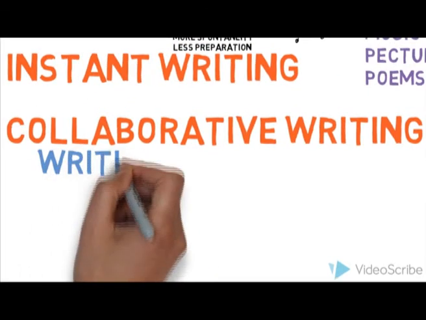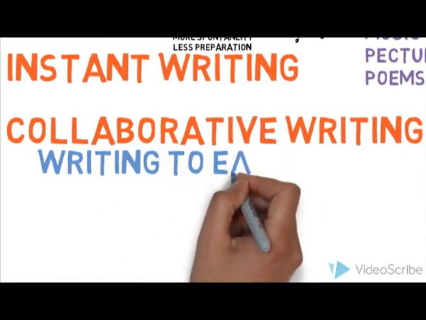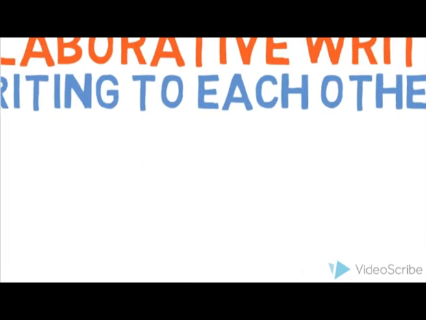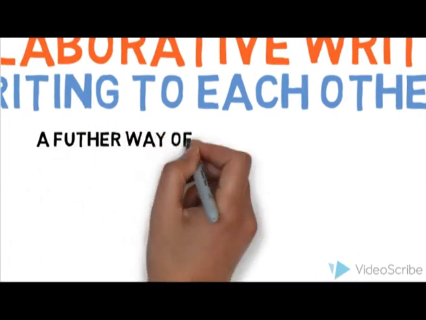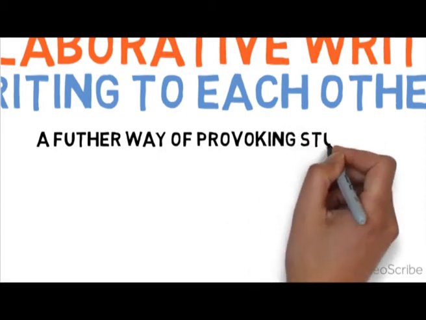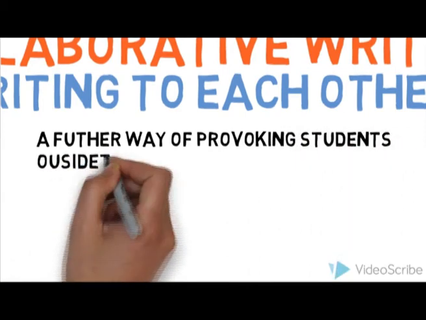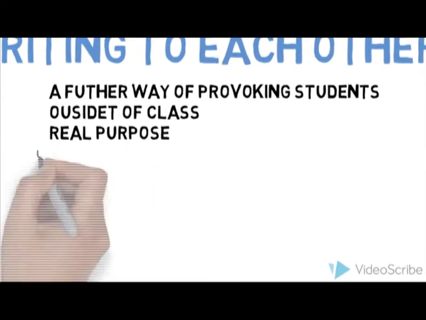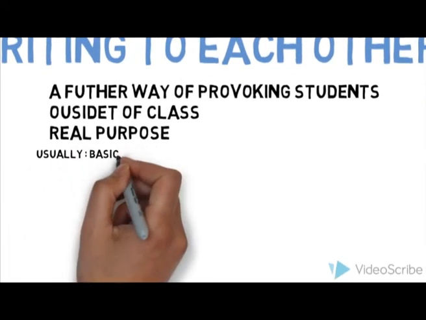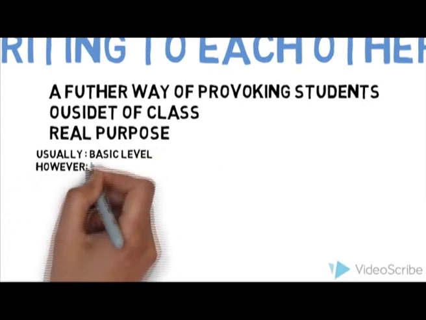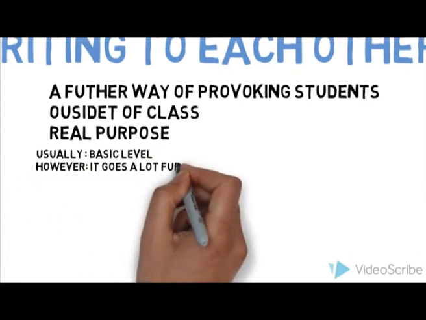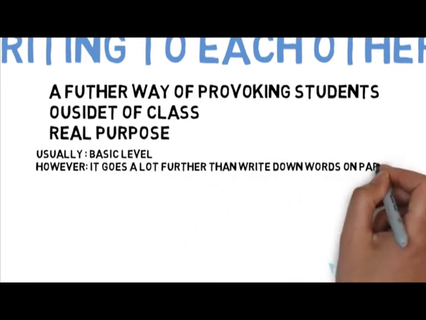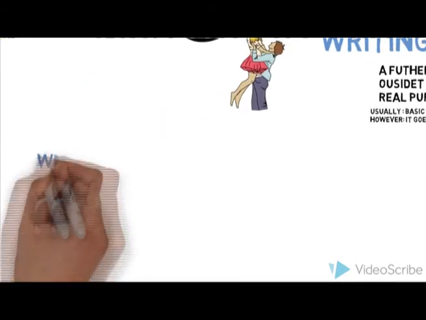And inside this collaborative writing, we have writing to each other, a further way of provoking students' engagement with writing. Students correspond with people outside the class. Letter writing, when done in this way, becomes genuinely communicative and has a real purpose. Usually, it is basic levels. Remember, it goes a lot further than writing down words on paper.